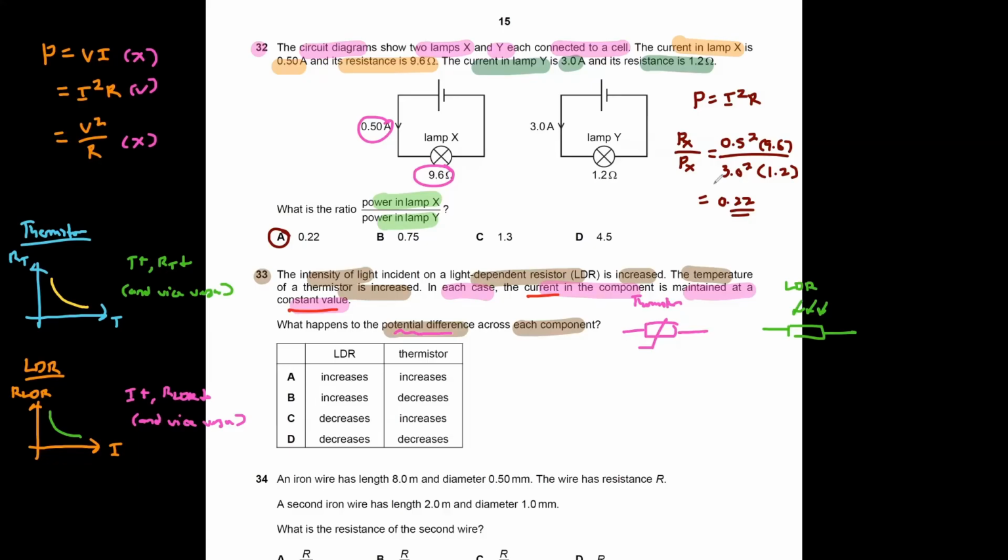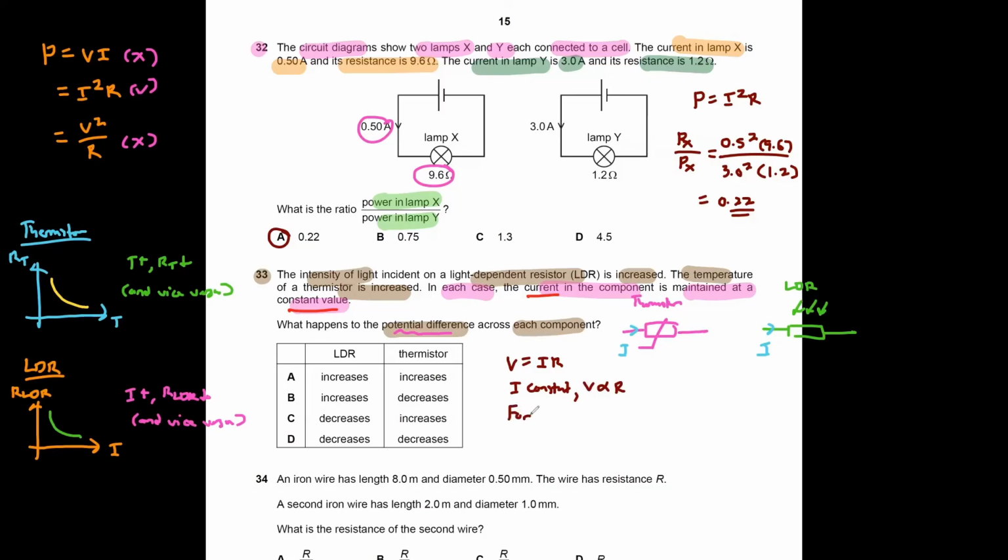You're supposed to have a current I running through both of them, but they say the current remains constant throughout. So if you apply the equation V equals IR, I is constant here, that will mean that the PD is just proportional to the resistance.